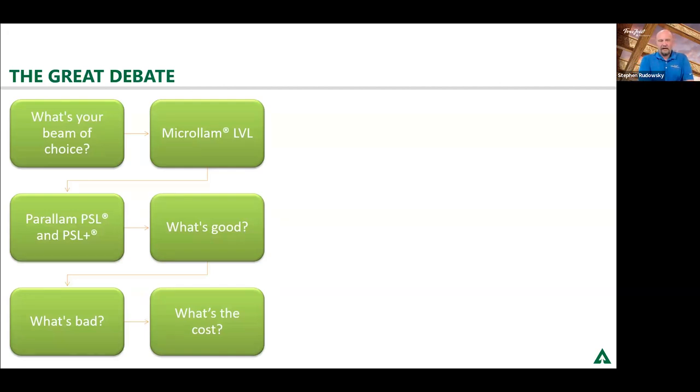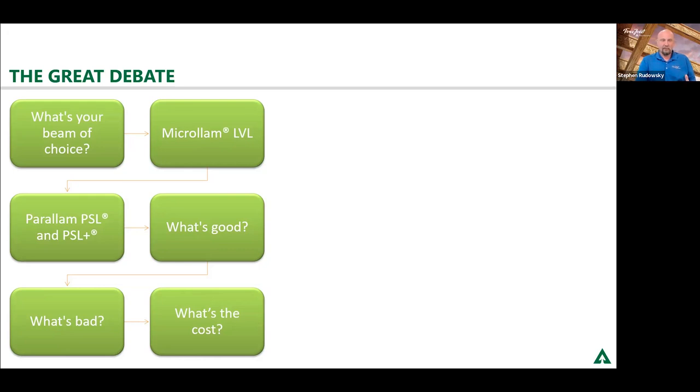I know that pretty much throughout the lower 48 US and into Canada, everybody likes to discuss what's your beam of choice. And tonight we're really going to be discussing engineered lumber and what Microllam, as a registered trademark to Truss Joist and Weyerhaeuser, is known as more or less the Kleenex of the tissue market.